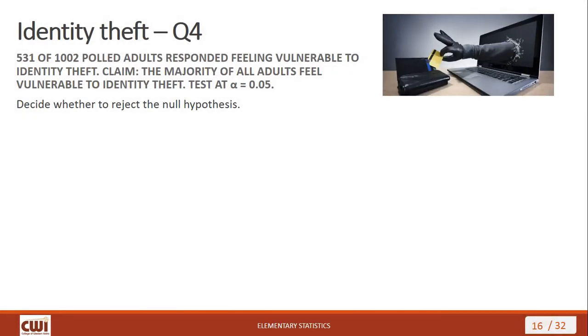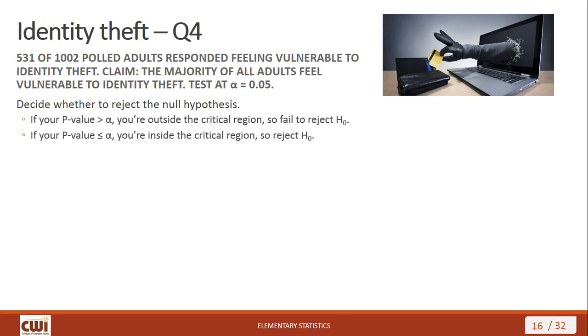The fourth question asked us to decide whether to reject the null hypothesis. Remember, if we're outside the critical region, we fail to reject H0. If we're inside the critical region, we reject H0. If we're using the p-value method, which is the most commonly used because it's the easiest to use, then we look to see if the p-value is greater than alpha.